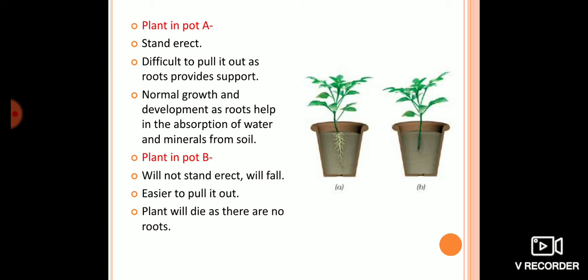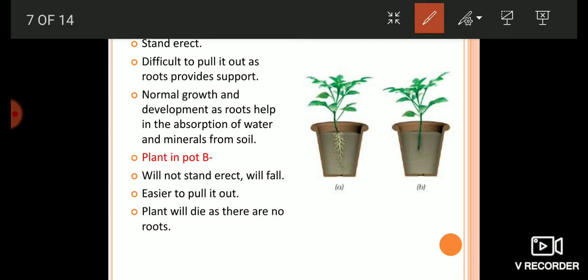You have to take two potted plants and remove the roots from one of the plants. So you can see here these are the two potted plants, the plant in pot A and the plant in pot B. In pot A there is the presence of root and in pot B there is no root.